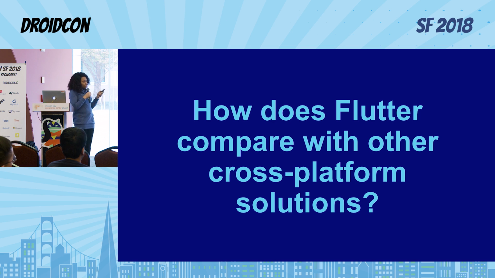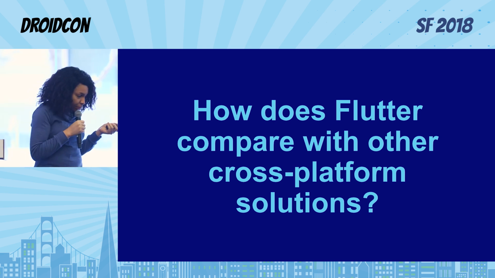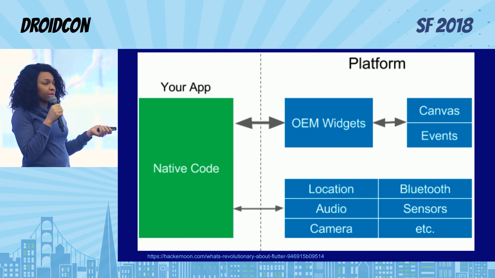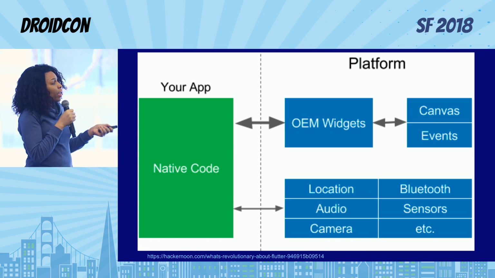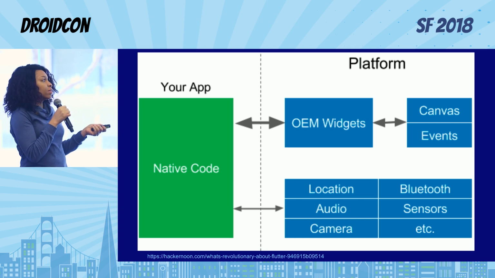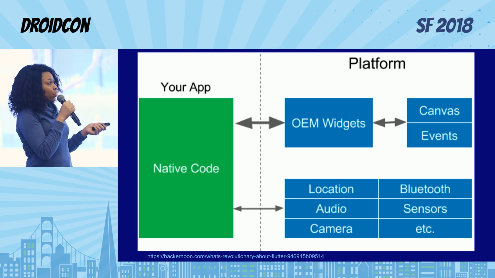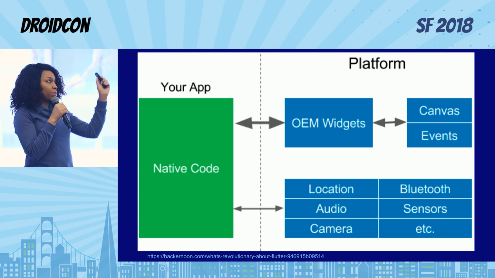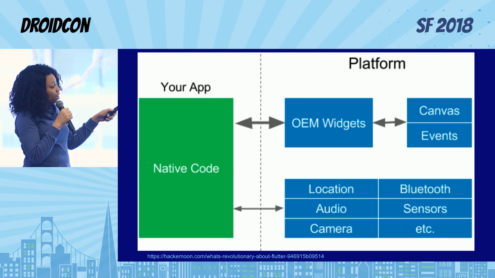On the screen, you see on the left, this is your app. So this is your native app, like your Android app or your iOS app. On the right, we have the platform, your phone's platform. So we have widgets, your canvas, and then the platform services. You notice that your app communicates with the widgets, and the widget is drawn to the canvas, and events are propagated back to the widgets.